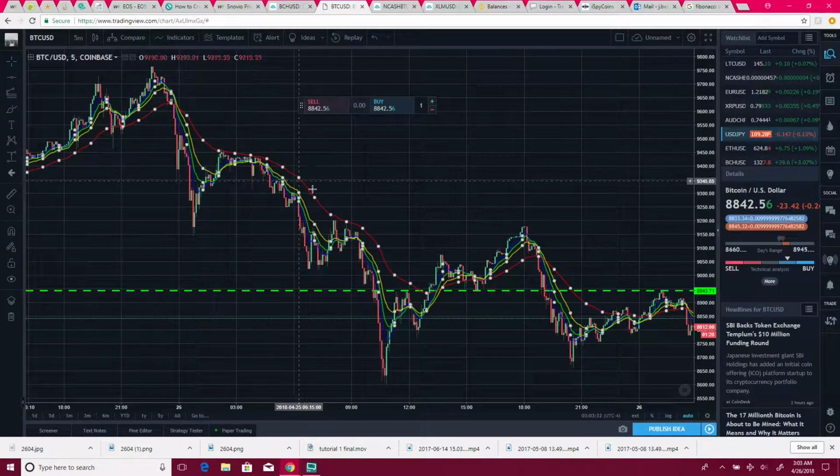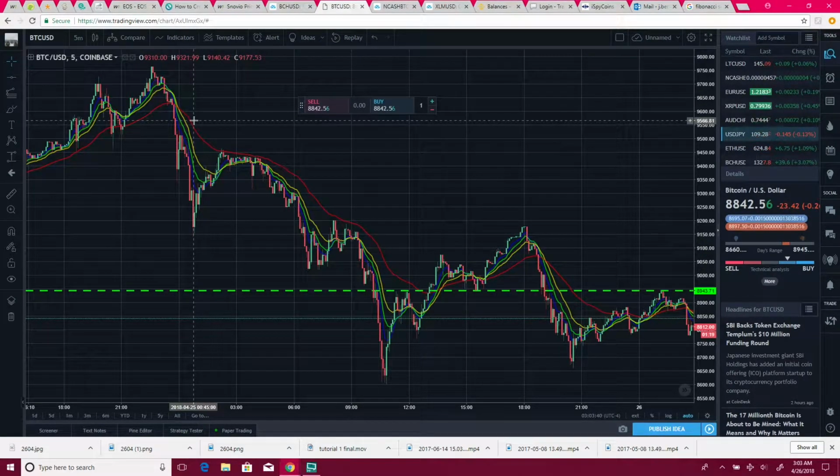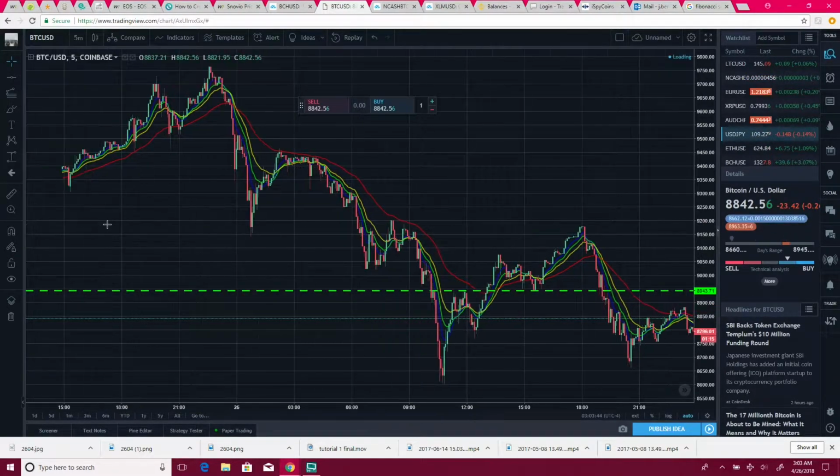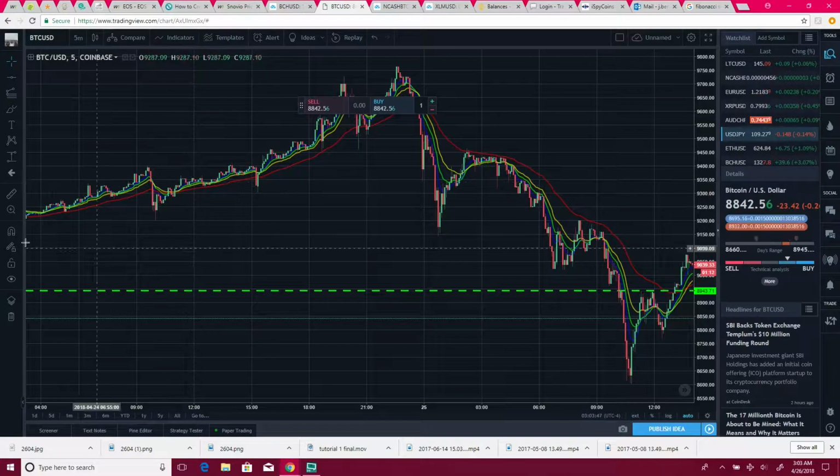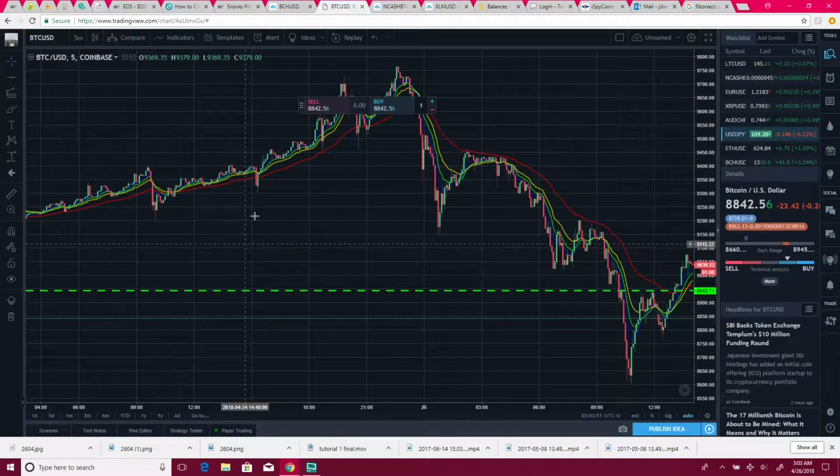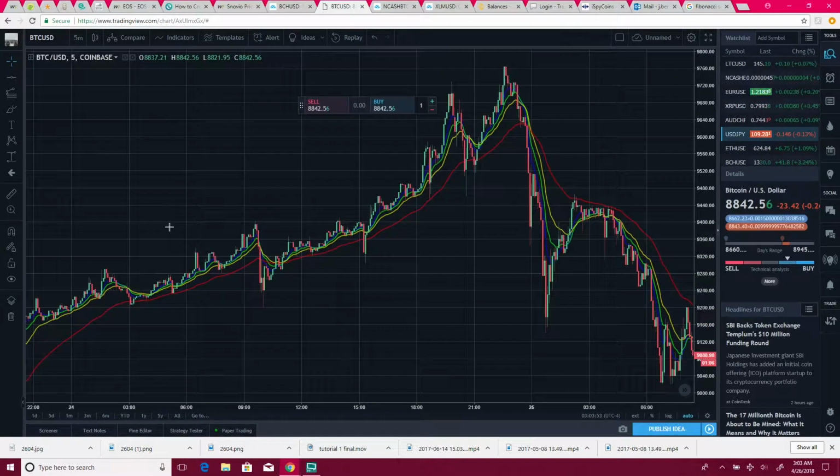When it crosses to the top, it's signaling a downtrend. And when it crosses to the bottom, it's signaling an upward trend. When it's on top, it's pushing the price down. When it's on the bottom, it's supporting and pushing the price up. It also acts as a level of support and resistance.